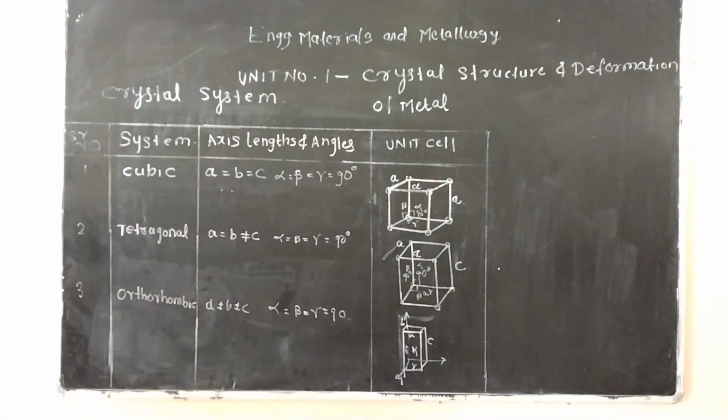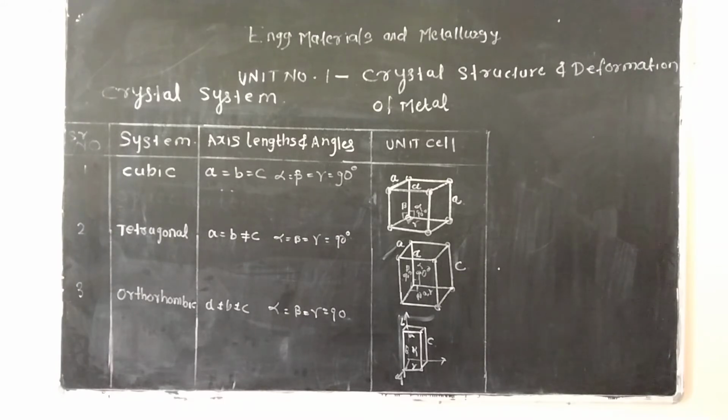Once again we observe the diagram. What is the difference between them? The parameters in the cubic structure are all the same: a is equal to b, b is equal to c. In the tetragonal, a is equal to b but not equal to c. And in orthorhombic, a is not equal to b and also not equal to c.